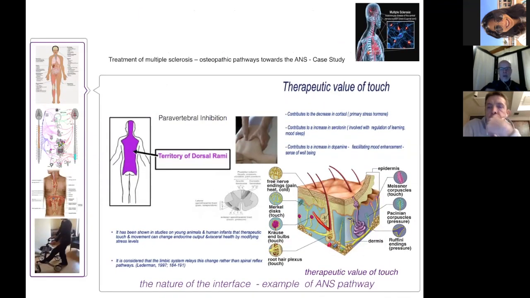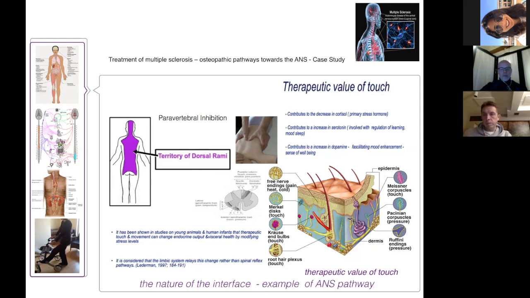So again, we have all these various specialized nerve receptors in the skin that we're perceiving the nature of our touch. And the nature of our touch has a significant influence on the perception and feeling of security, but also the perception of the nature of the self.